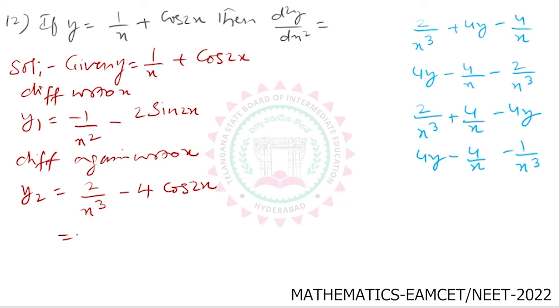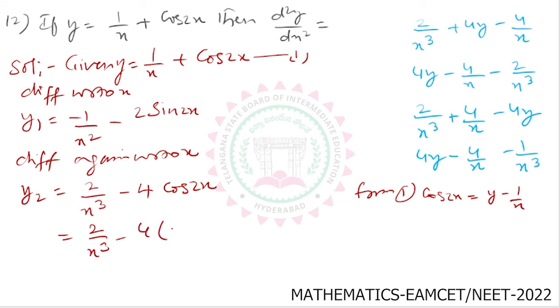So what I am doing, I am converting the value of cos 2x from equation 1: cos 2x is equal to y minus 1 by x. So this is nothing but 2 by x cube minus 4 into y minus 1 by x. Is it clear? So which gives me 2 by x cube, minus into minus plus, that is 4 by x minus 4y. Is it clear?